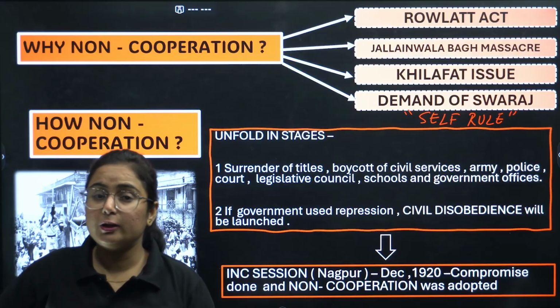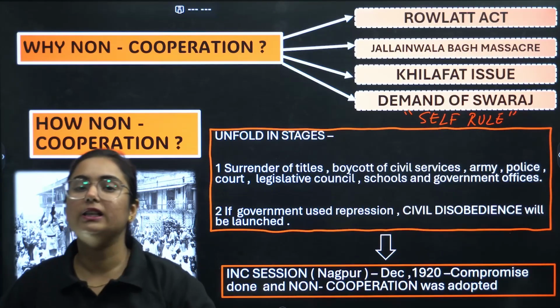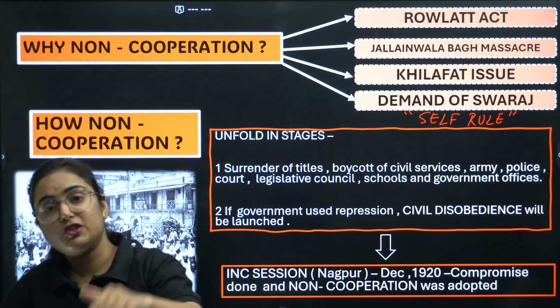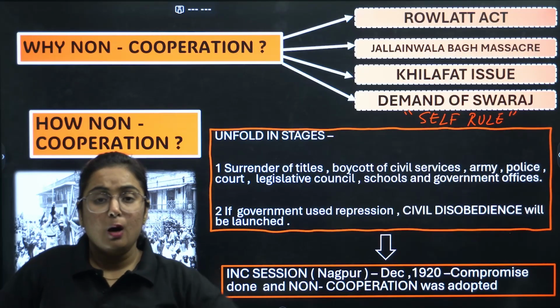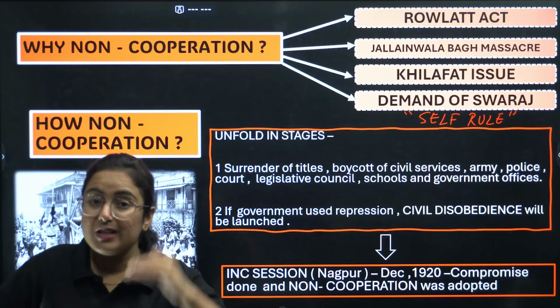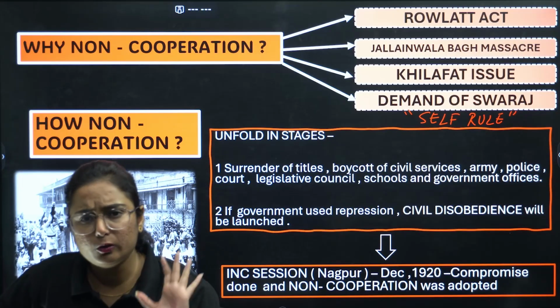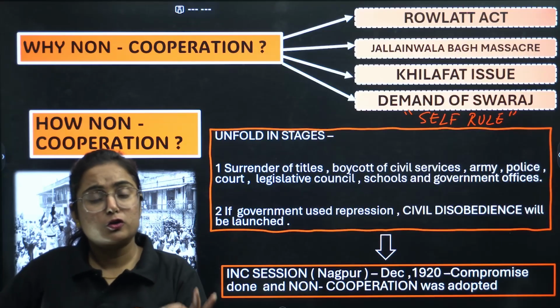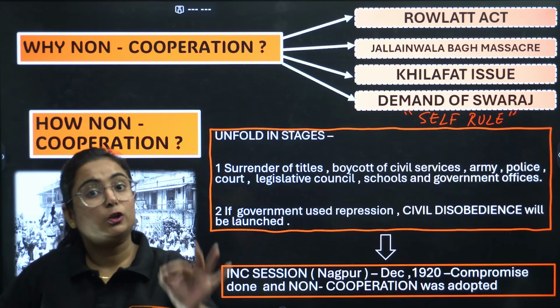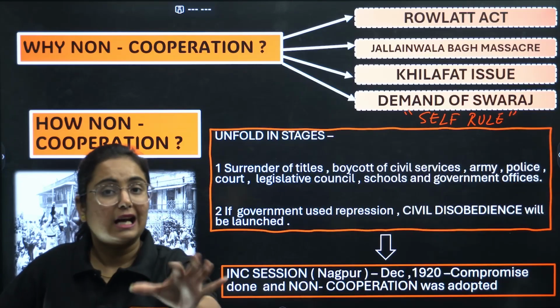They have opened government schools and Indian students are going to those schools. Indian teachers are teaching in those schools. Foreign clothes are being brought by the Britishers and Indians are wearing them. So we are cooperating, and as long as we cooperate, the British will rule us. If we want to stop British rule in India, we need to stop cooperation with the Britishers, and this was the thing Gandhiji put here.